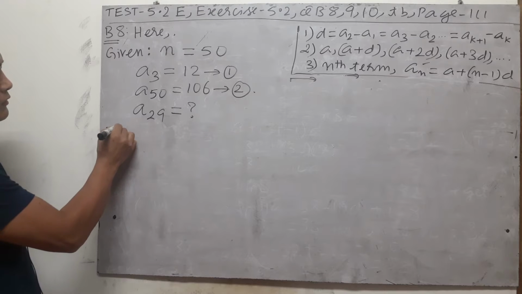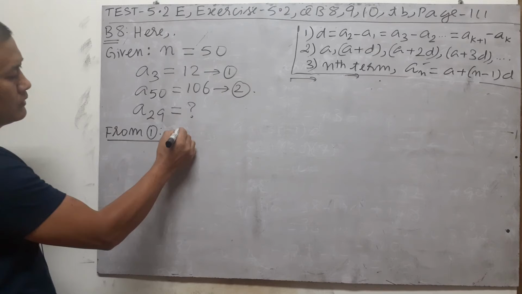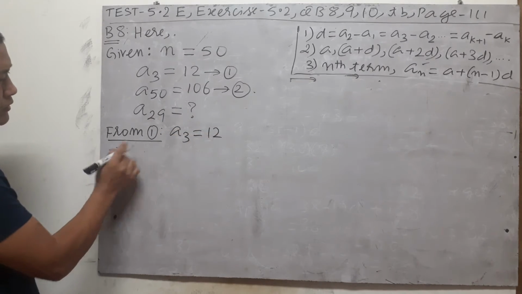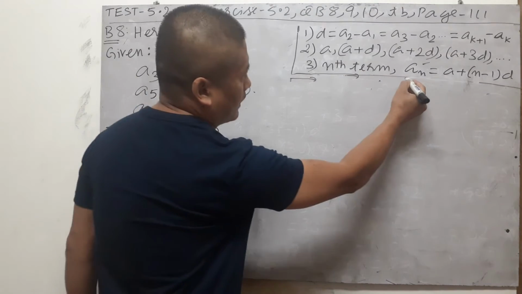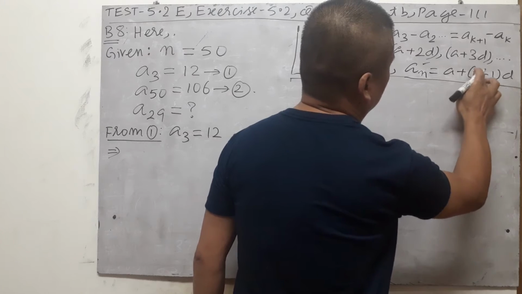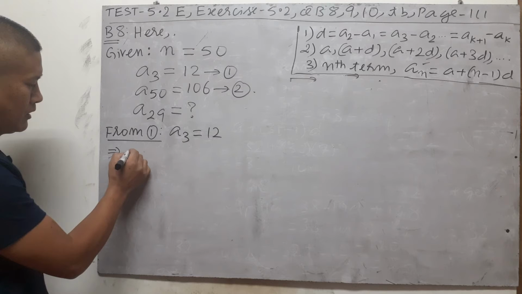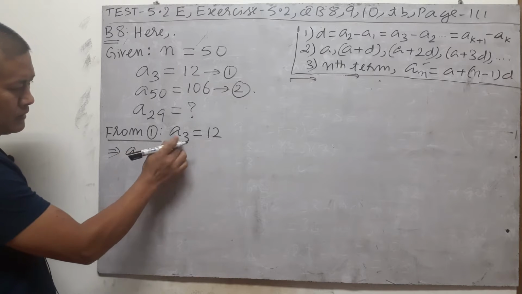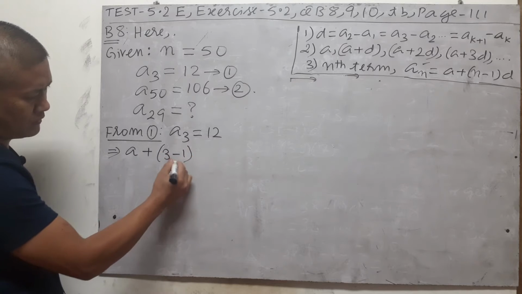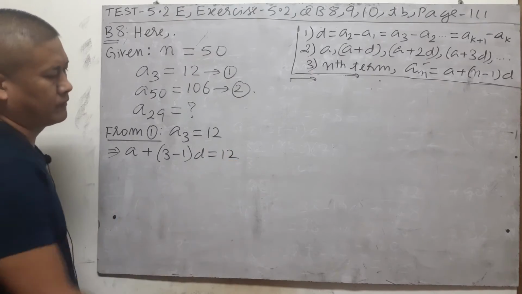So from equation number 1, let us take this one. A3 will be equal to 12. So we know, following this formula here, An is equal to A plus n minus 1 into D. So A, the first term, plus, here n is 3, so n minus 1, 3 minus 1, into D. We'll replace this, equal to 12.